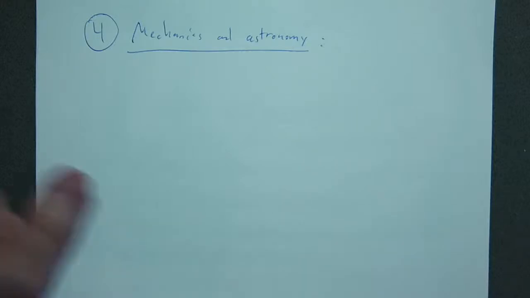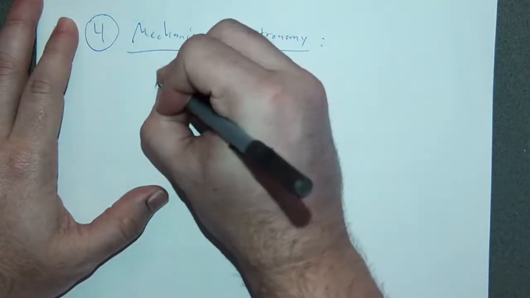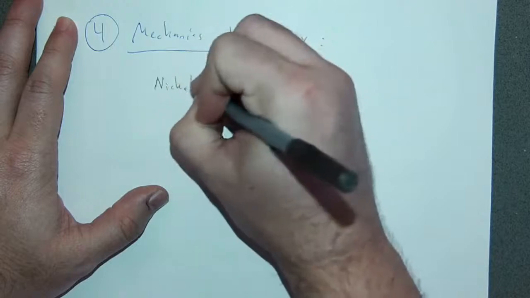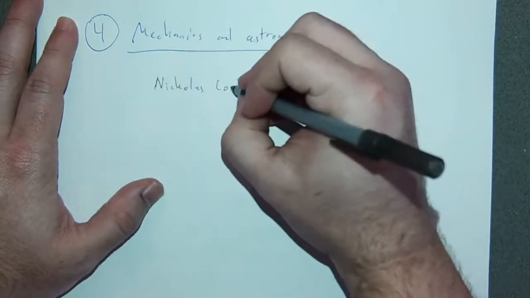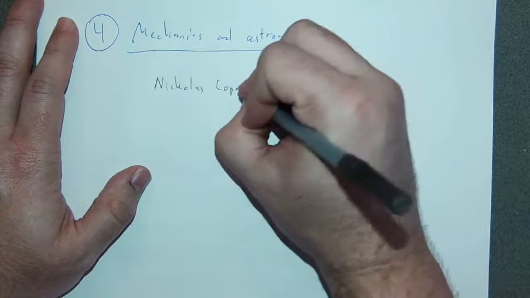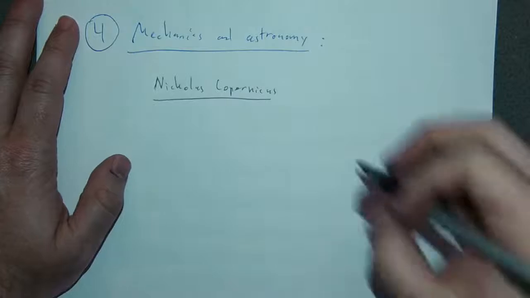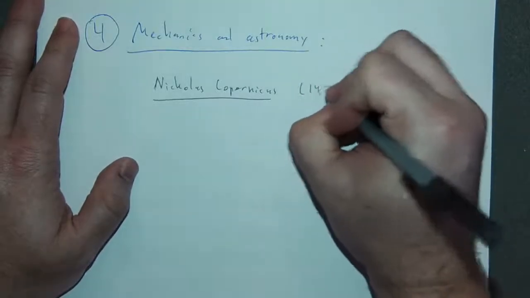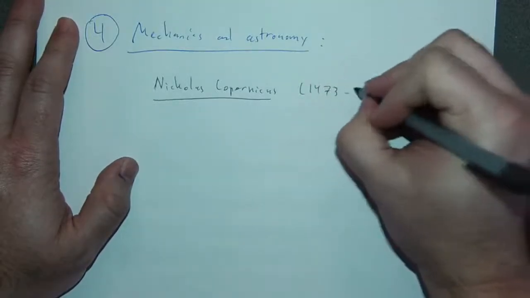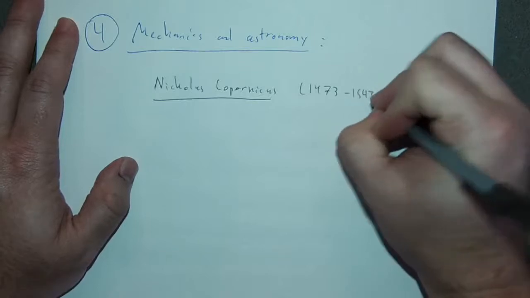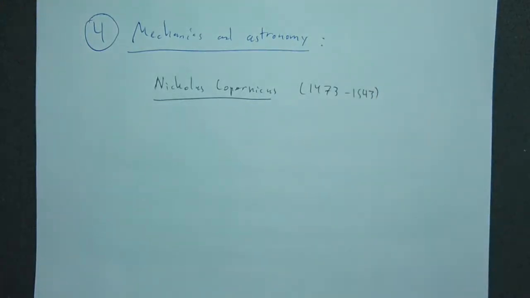Mechanics and astronomy. The first name to mention is Copernicus. So you've no doubt heard of Nicholas Copernicus. So he was Polish. He was born in 1473 and died in 1543. A popular understanding is that Copernicus was the first to suggest the heliocentric model, right?